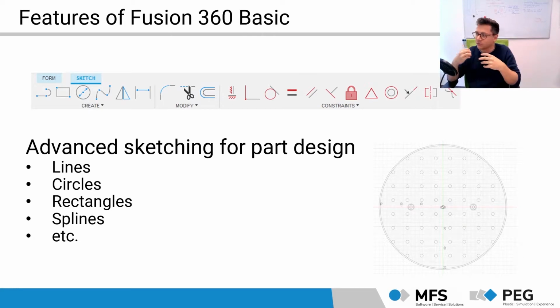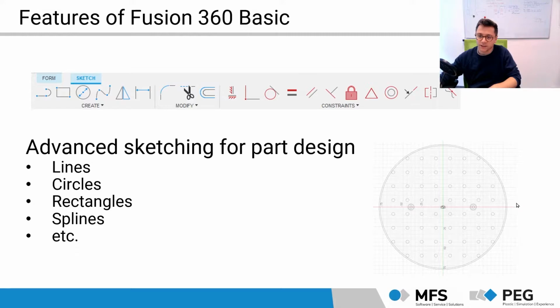So what you can do in Fusion is you can create lines, circles, rectangles, two-point rectangles, two-point circles, splines, and many more features to create first drafts, first sketches, from which you then can go into the modeling.